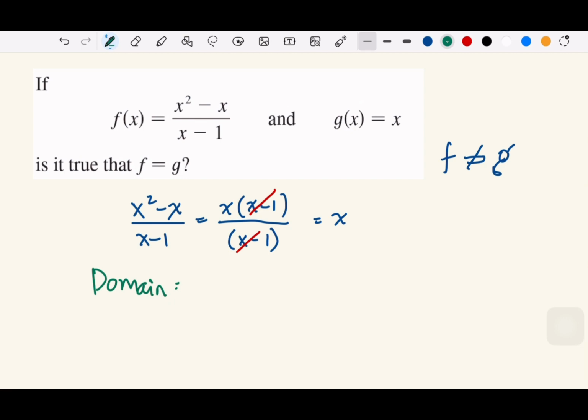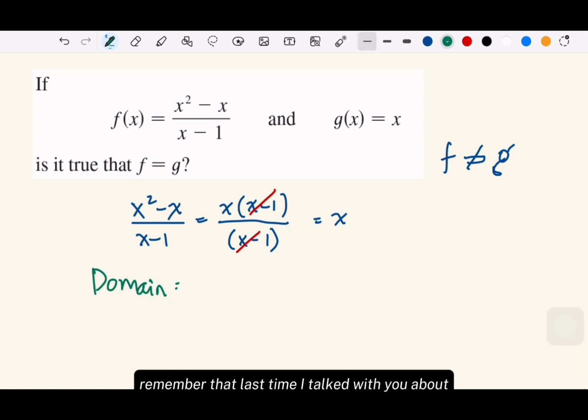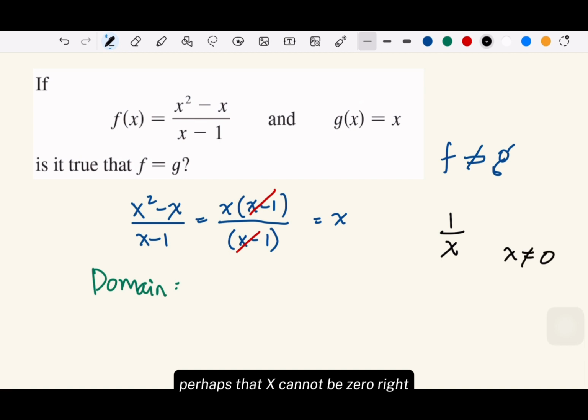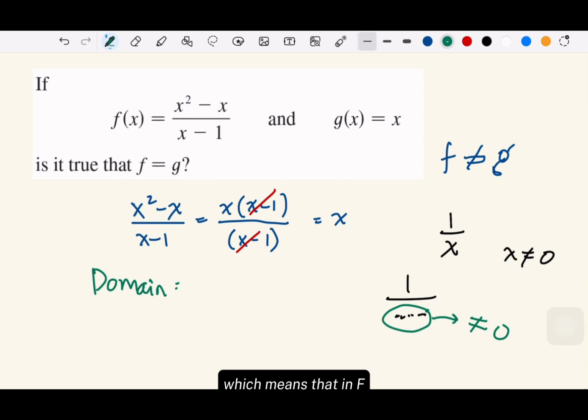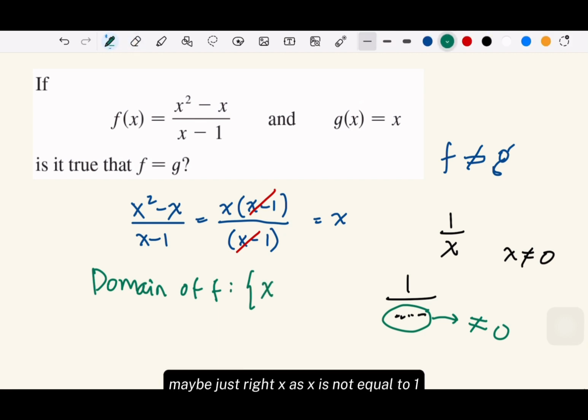But for f, remember that last time I talked with you, x cannot be such that the denominator here is equal to 0. So for f, let me write: domain of f is x such that x is not equal to 1.